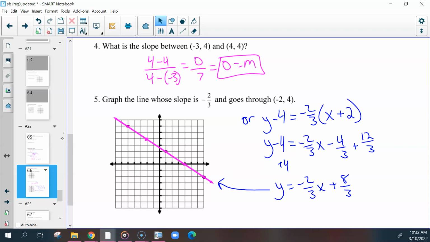That would be the easiest method, and I say that because if you try to use that point in your slope and find the y-intercept, you would end up with something that is a fraction, as you can see here. It's not a whole number. So you could do it that way and then try to graph it that way, but it may be a little bit more complex than you actually want it to be. Any questions on that one?